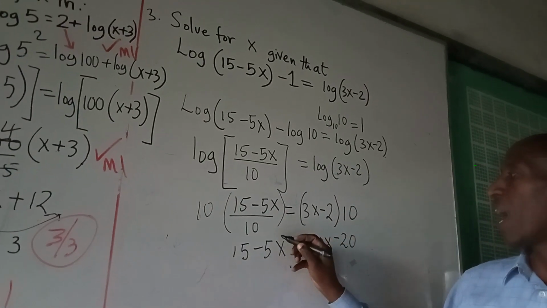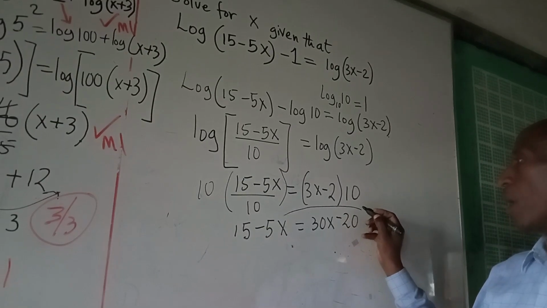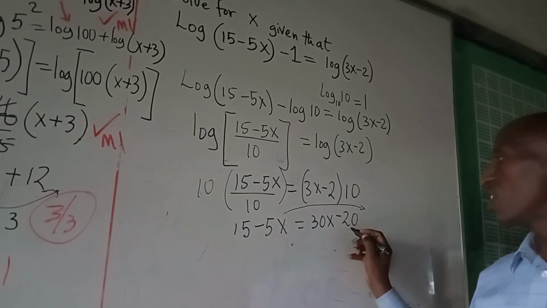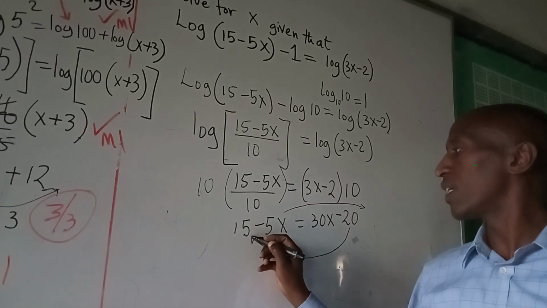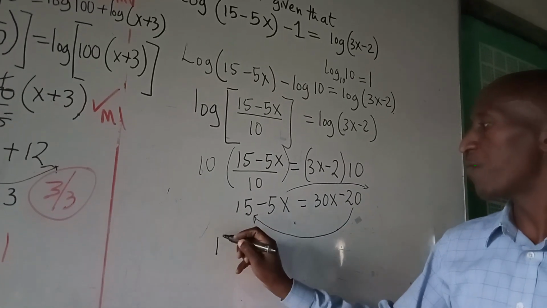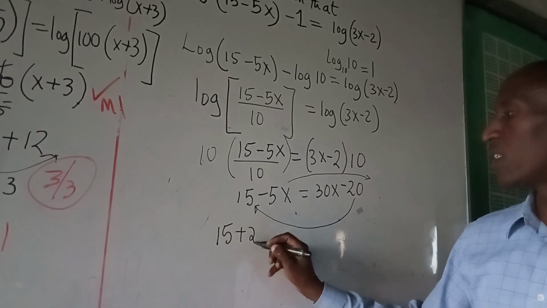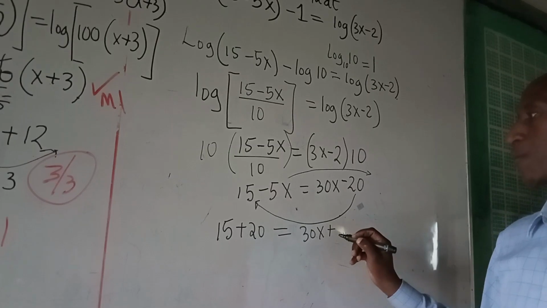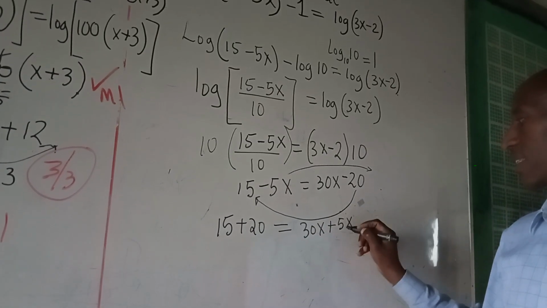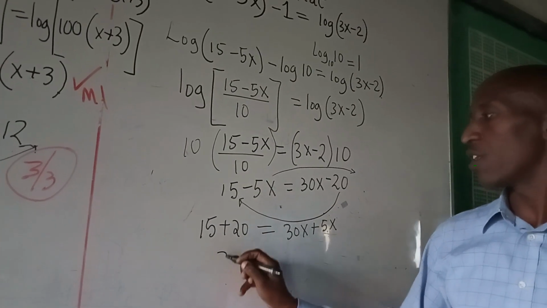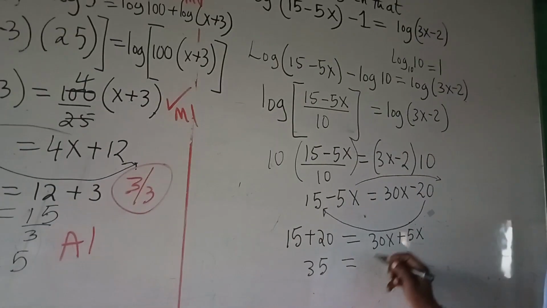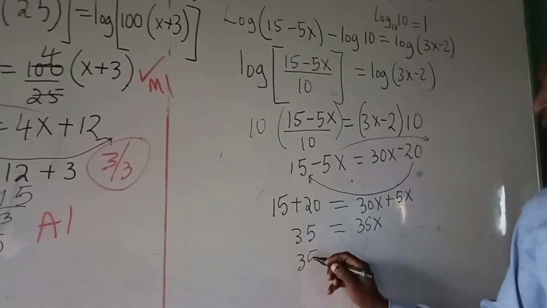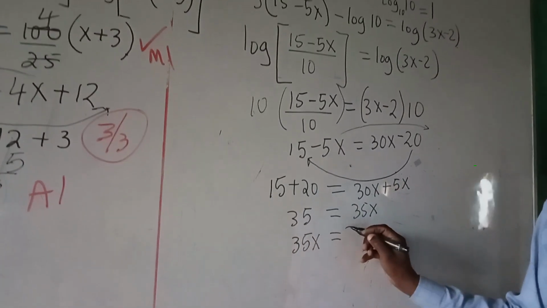That means we shall add 5x on both sides and add 20 on both sides. That comes to 15 + 20 = 30x + 5x, and that gives us 35 = 35x.